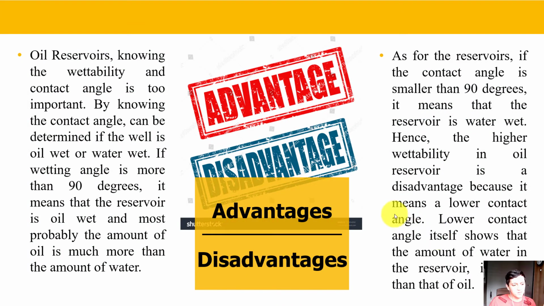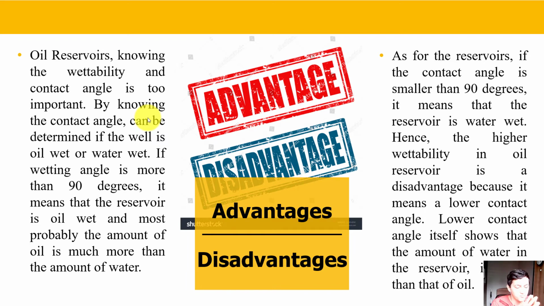So what are the advantages and disadvantages of this parameter? As for all reservoirs, knowing the wettability and contact angle is very important. By knowing this, we can find if the well is oil wet or water wet. So we can decide that if it is oil wet, there is a lot of oil, but there is one thing to tell.